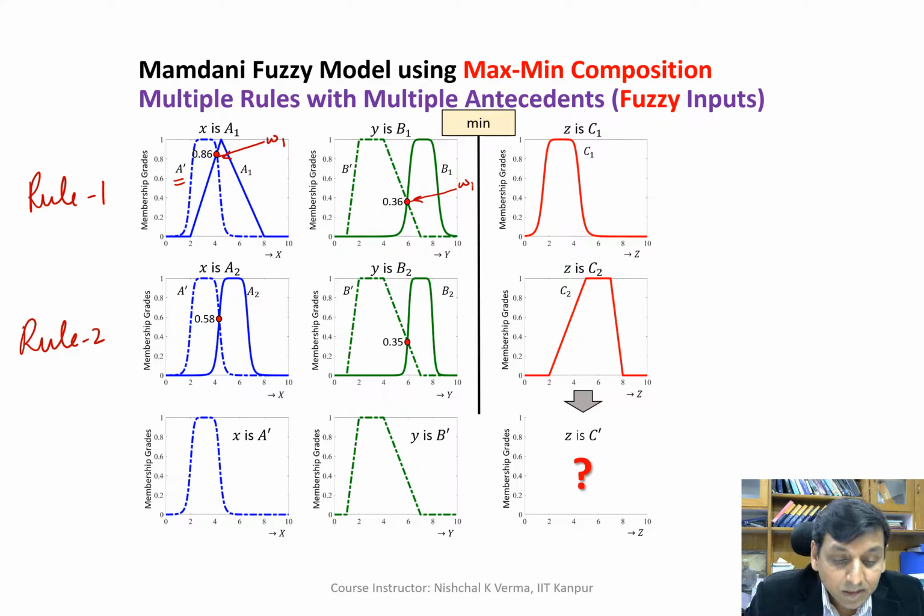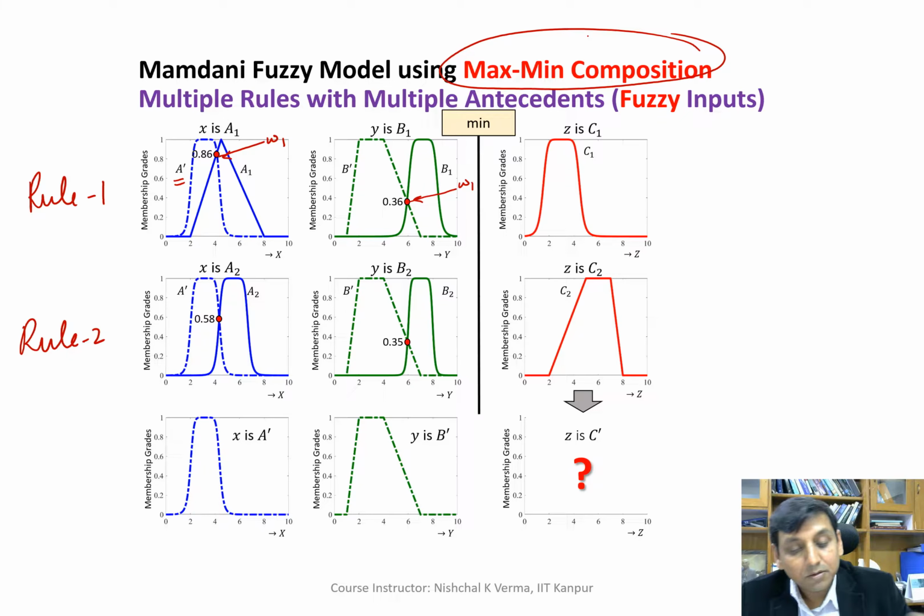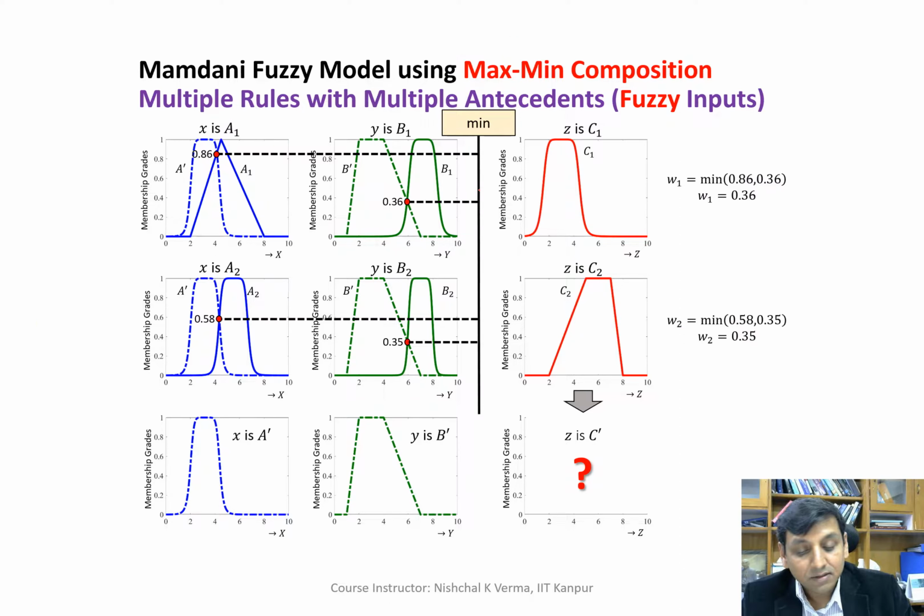Now here in this case, since we are using the max-min composition, let us take the minimum of w1 and w2, and when we take the minimum of w1 and w2, we are getting w as 0.36. So this is w1, this is w2.